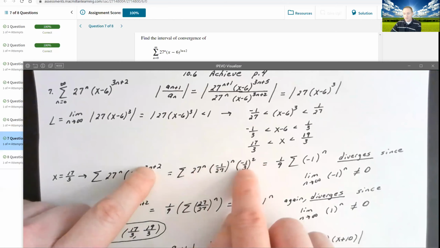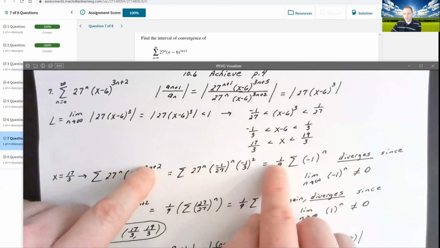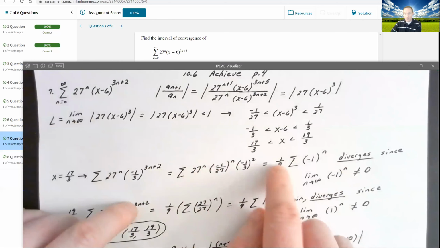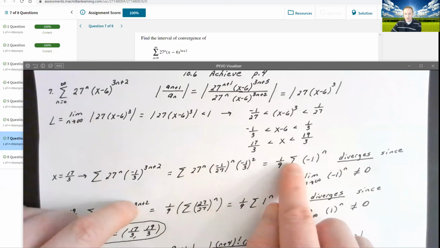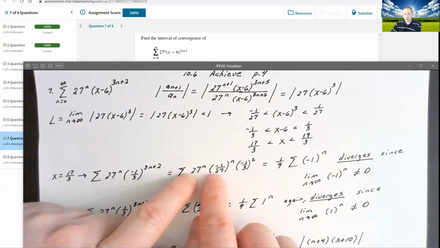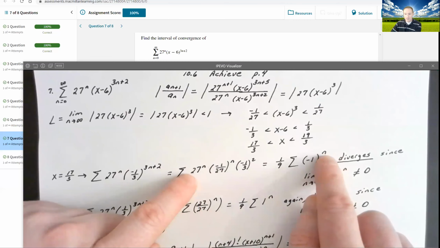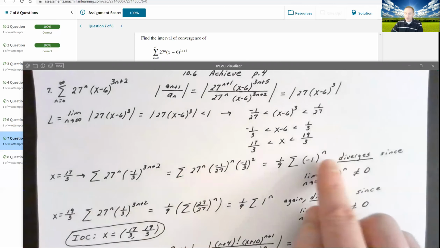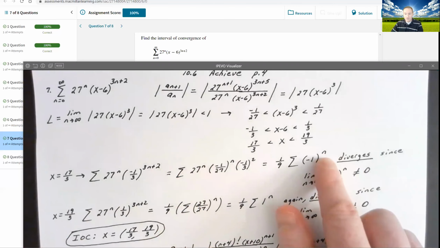Now, this (-1/3)^2 can come out in front of your summation. You say, well, you have 1/9 times the sum. Now, you would have 27 times the -1/27 all to the n power, or that's just (-1)^n. So now what do I know about that? And again, this confuses some people because they think, well, that surely converges.